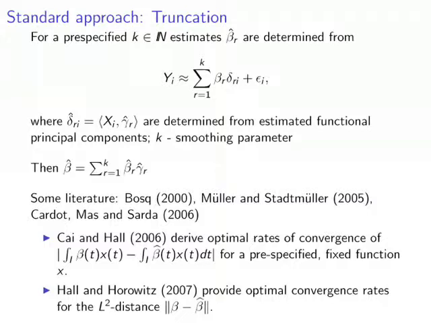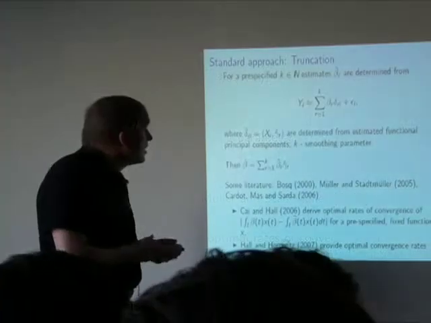And the k is something like a smoothing parameter in this context. You don't want to go too far. If you go too far, you add too much variability. You have too much to estimate. If the k is too small, you may have a big bias. So that's the usual type of problem you have.